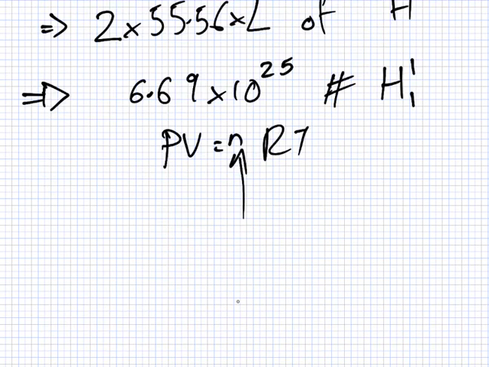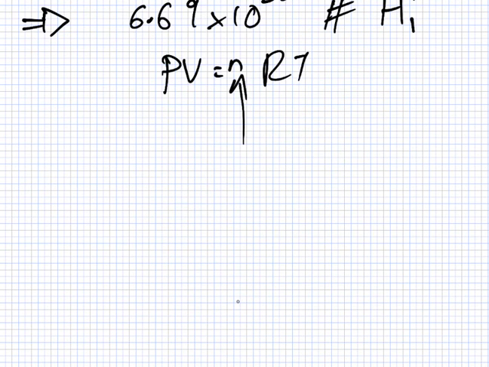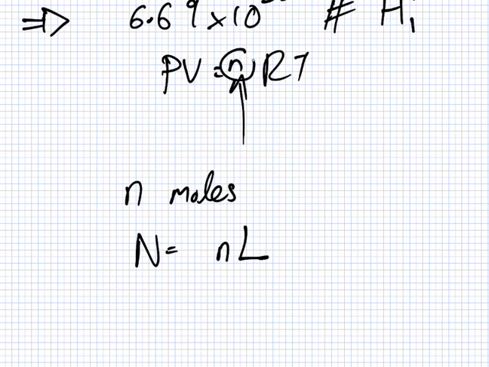But there are other ways to write this formula. You might know from chemistry as well, if you have n moles, then how many of that thing do you have? Well, of course, it is n multiplied by L. Like the amount.